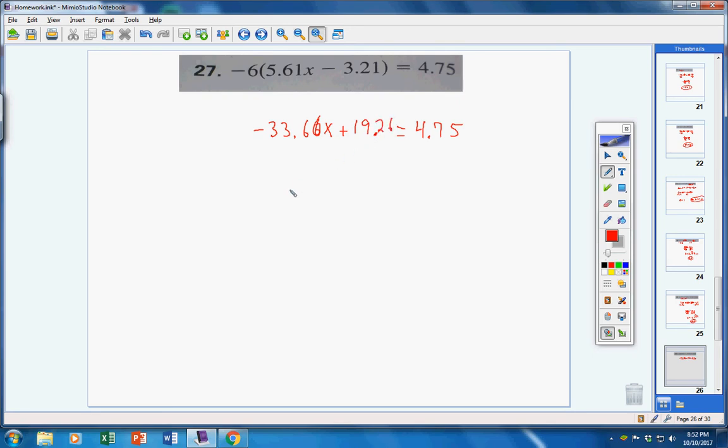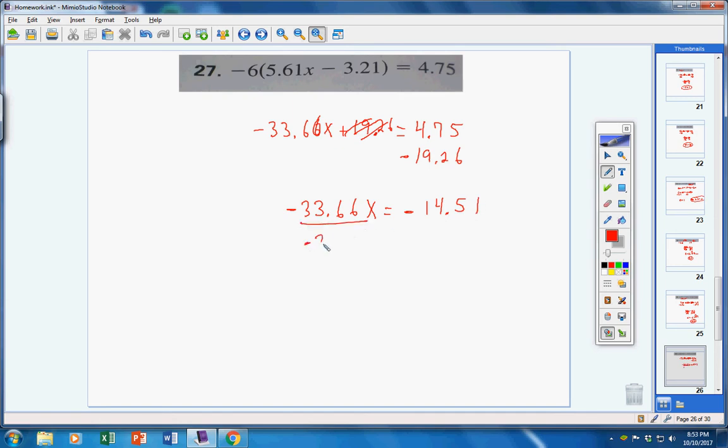Next, eliminate fractions. Next, variable terms on one side, constant terms on the other side. So over here I'm left with negative 33.66x equals negative 14.51.